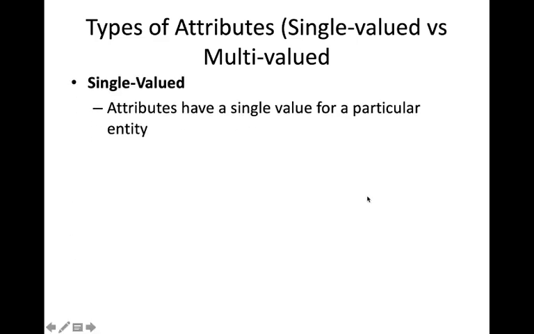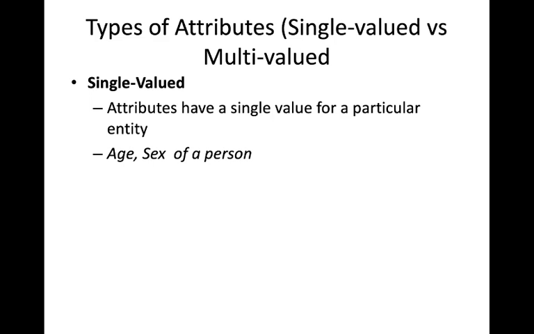Then the second type of classification is single-valued versus multi-valued attributes. Single-valued attributes have a single value for a particular entity. For example, the age of a person: we can say 40 years or 25 years, but only a single value.